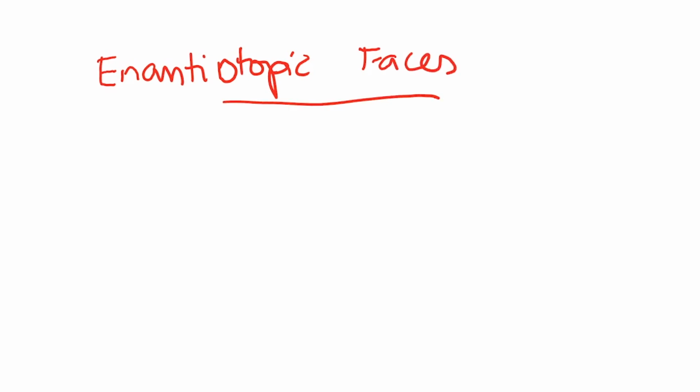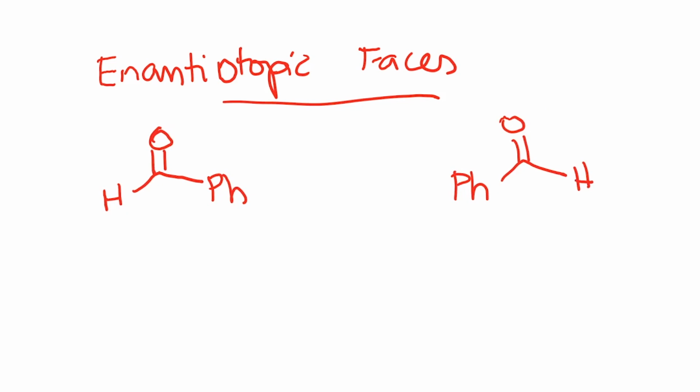We have two faces for a carbonyl, and just to make things easy, I'm going to draw it in the following manner: C double bond O, Ph, and the other face is Ph, C double bond O, H. If I number this as 1, 2, 3, then this is going to be clockwise, so this is called the Re face.